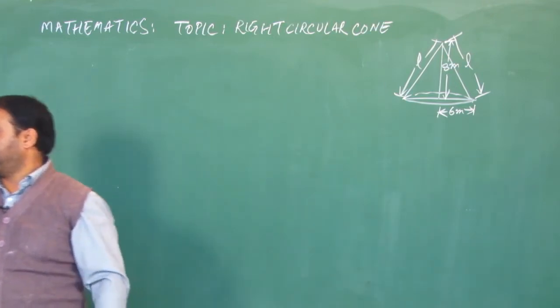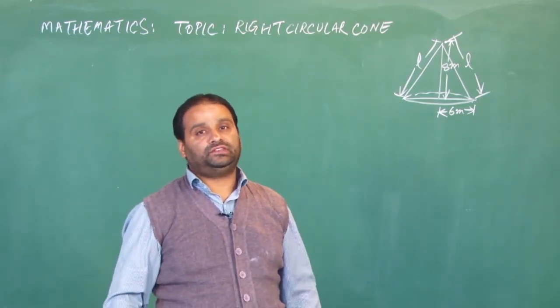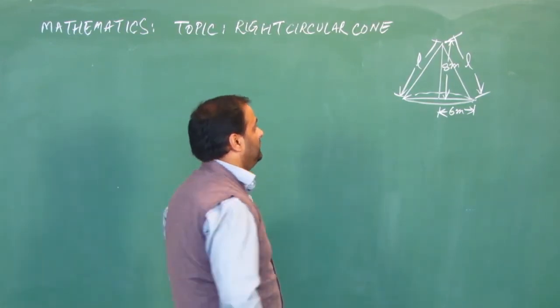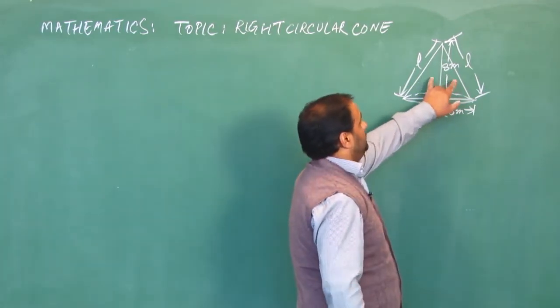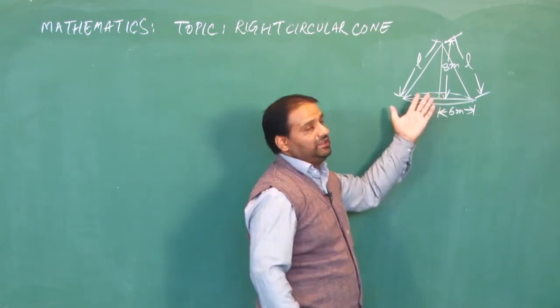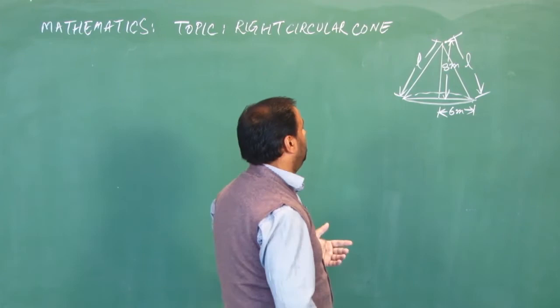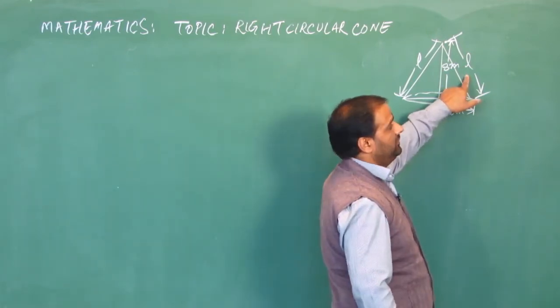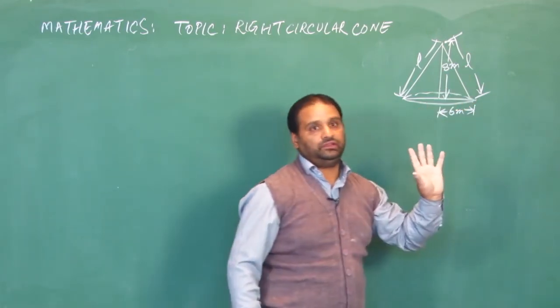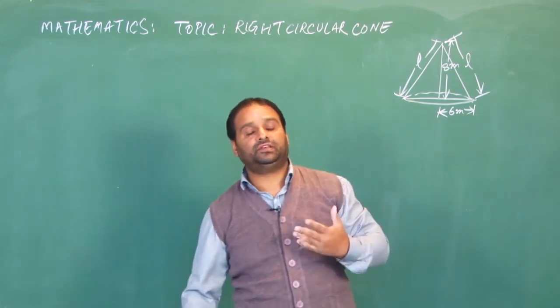and 20 centimeter in length is to be taken as extra margin for cutting wastage or stitching wastage. If you want to make that type of conical tent, we first need to find its slant height, because for making conical tent, we need to find out its curved surface area.